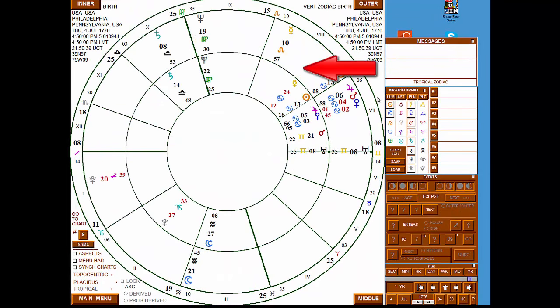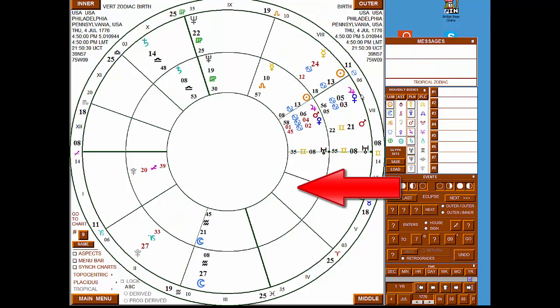Here on the outer ring, we see the United States vertical zodiac chart at birth. I now reverse the rings. I'll bring the vertical zodiac, which is now on the outside, to the inner ring and vice versa. Control R. Now you see the vertical zodiac chart of the United States on the inside.